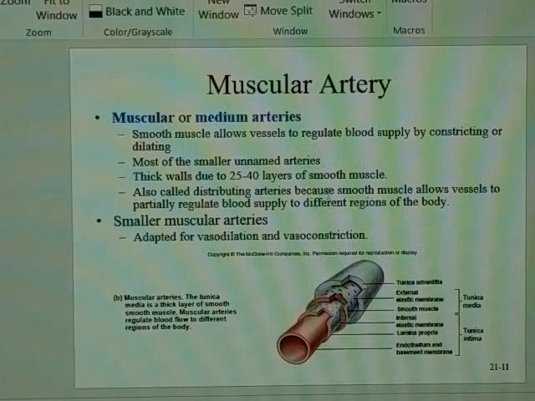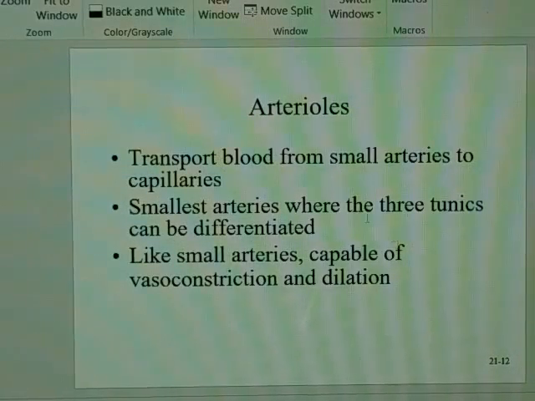So we go from elastic arteries to the muscular arteries, from large to medium until we get to small arteries, which are going to be those arterioles that I showed in the earlier picture, and they're transporting the blood into the capillaries. And at this point, even though tunics will be present, those arterioles are at a very small area, and they're going to get even smaller.